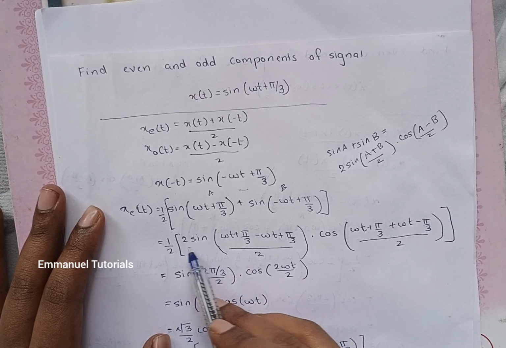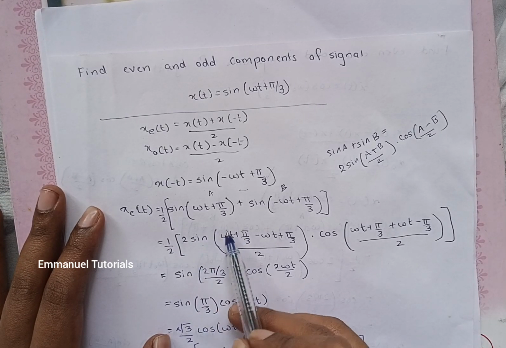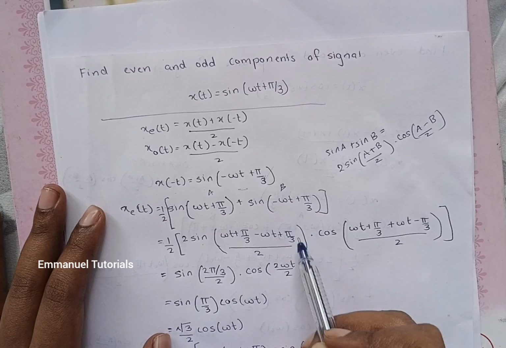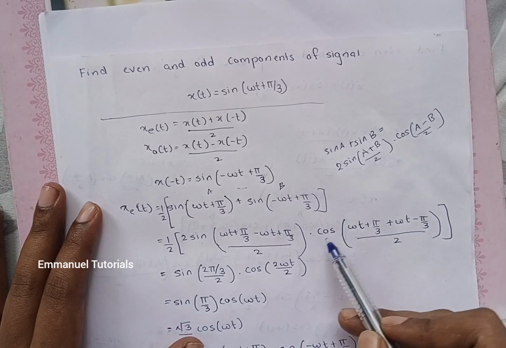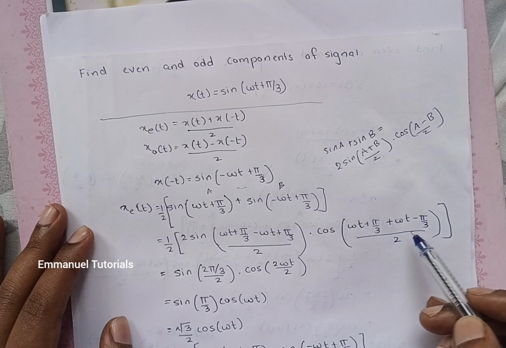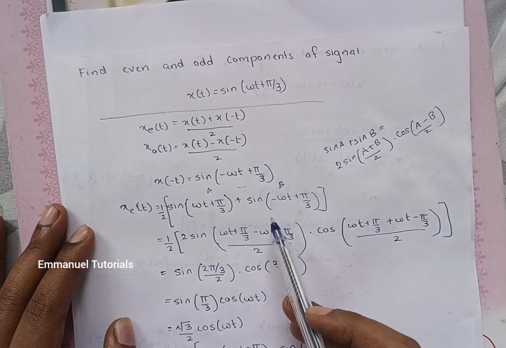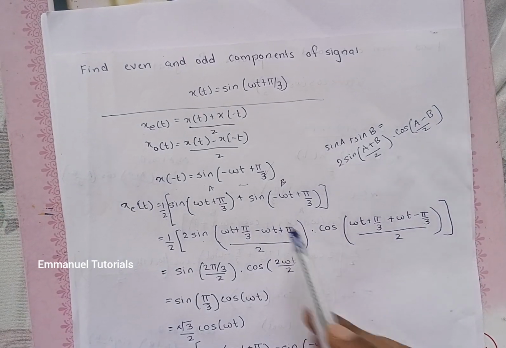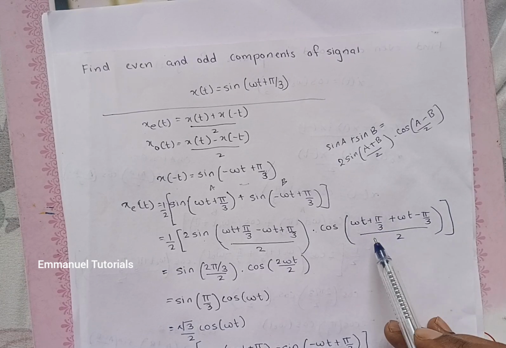So it will be 2 sine omega t plus pi by 3 minus omega t plus pi by 3, by 2, multiplied by cos omega t plus pi by 3 plus omega t minus pi by 3, because I've just multiplied it by minus 1 already, divided by 2.